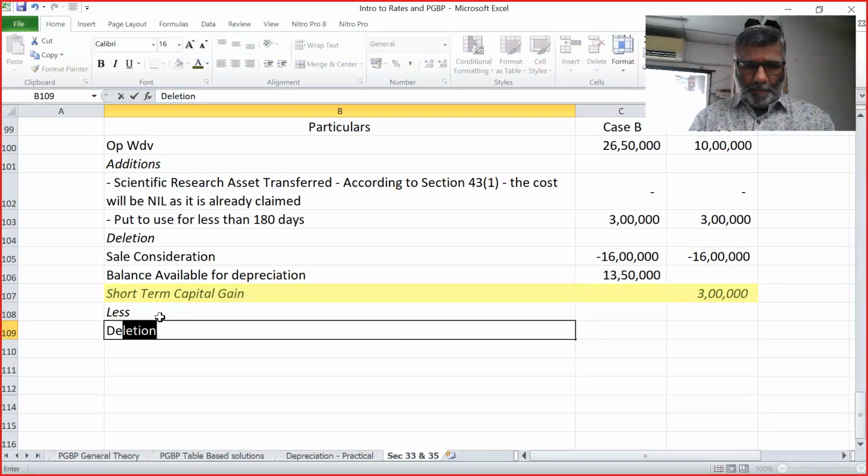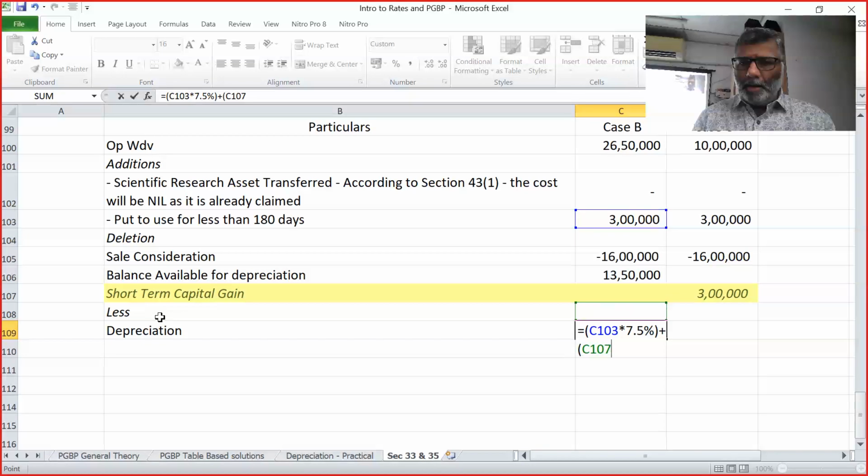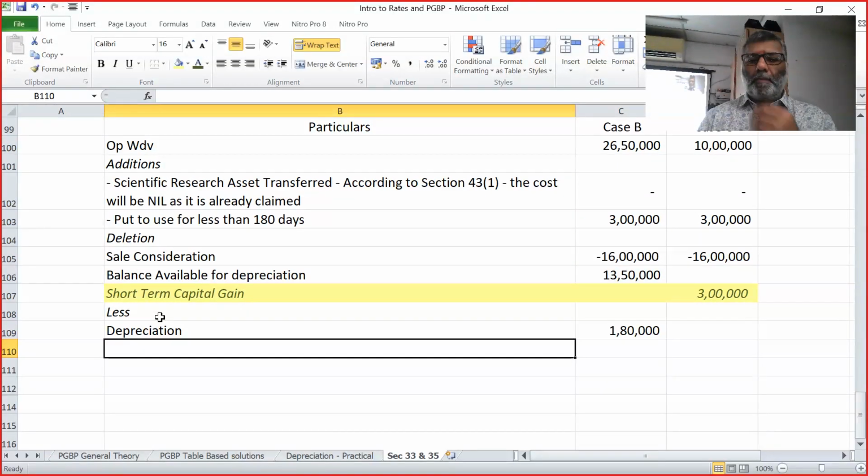Less depreciation. In this case, it will be 3 lakhs into 7.5% plus 1350,000 minus 3 lakhs into 15%.